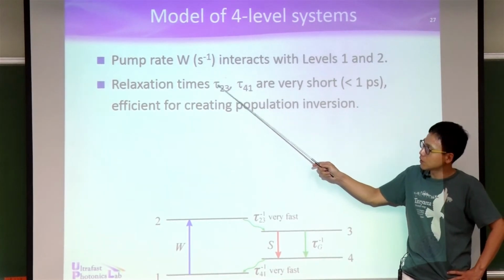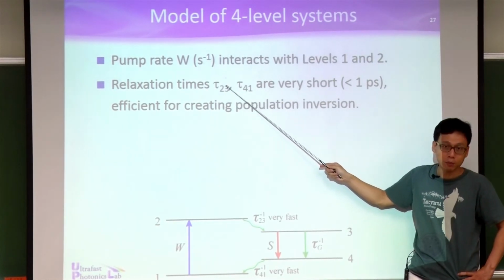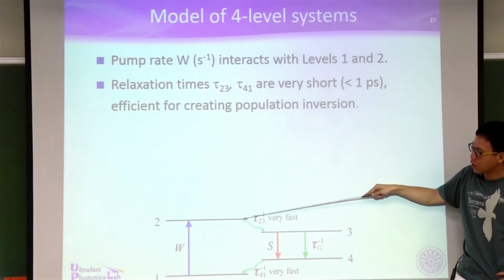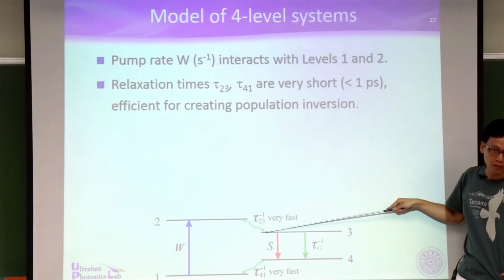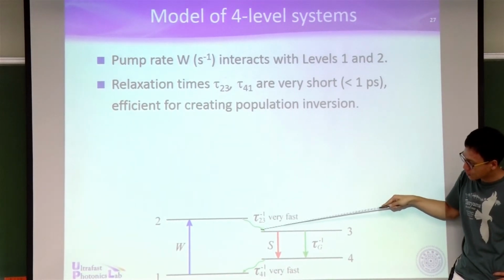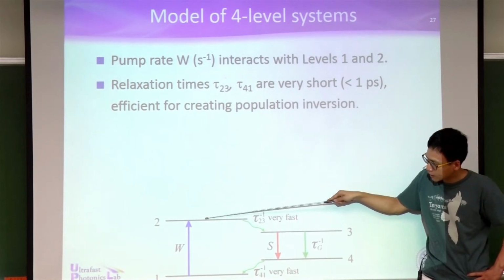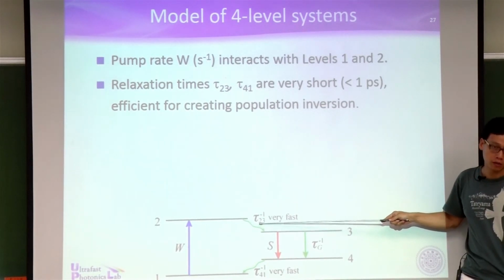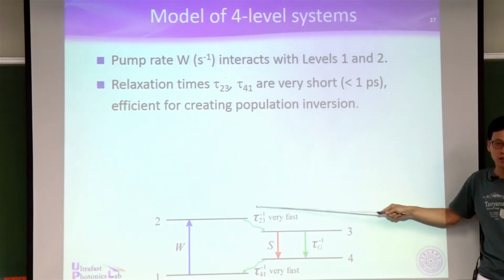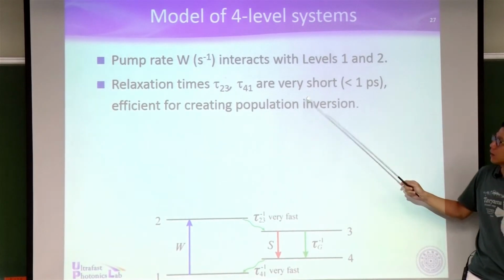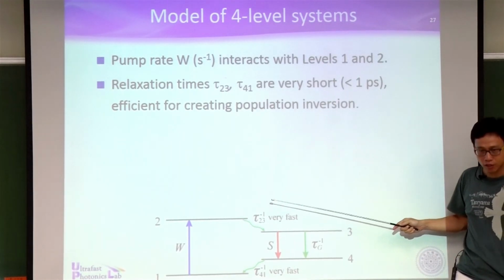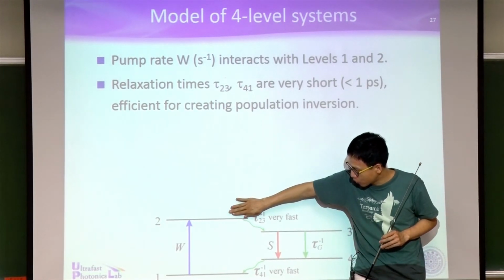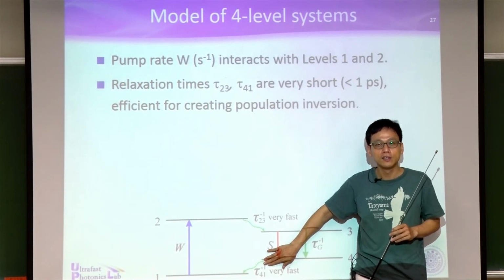So roughly it means within tau 2-3, a time interval of tau 2-3, electrons on level 2 will be dumped to level 3. 就是大概在这个时间之内，所有在第2阶的电子就会掉到第3阶。所以这个时间越短，就代表它很容易 dump，很快的就 dump 下去。它们都非常短。So you can imagine electrons can rarely stay on level 2 and level 4.